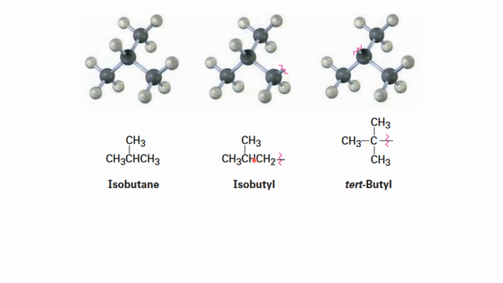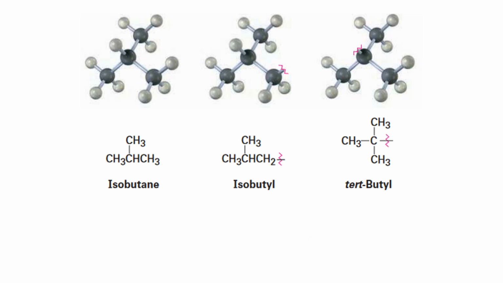But when the hydrogen is removed from a carbon in the middle, an internal carbon, like this one, you call it tert-butyl. So you have isobutyl alcohol, and you also have tert-butyl alcohol.